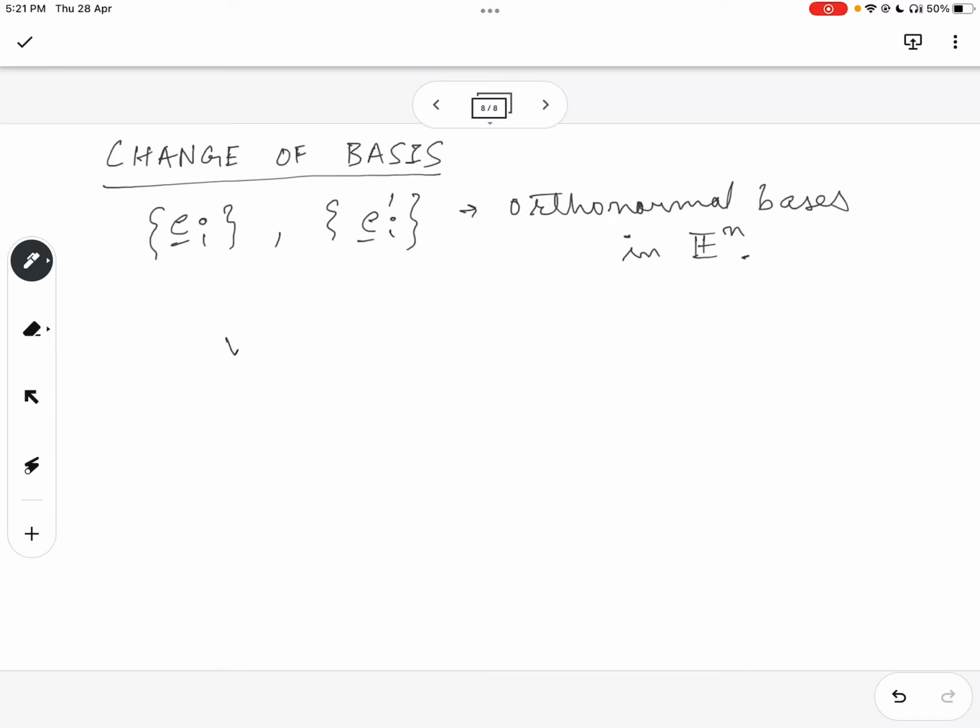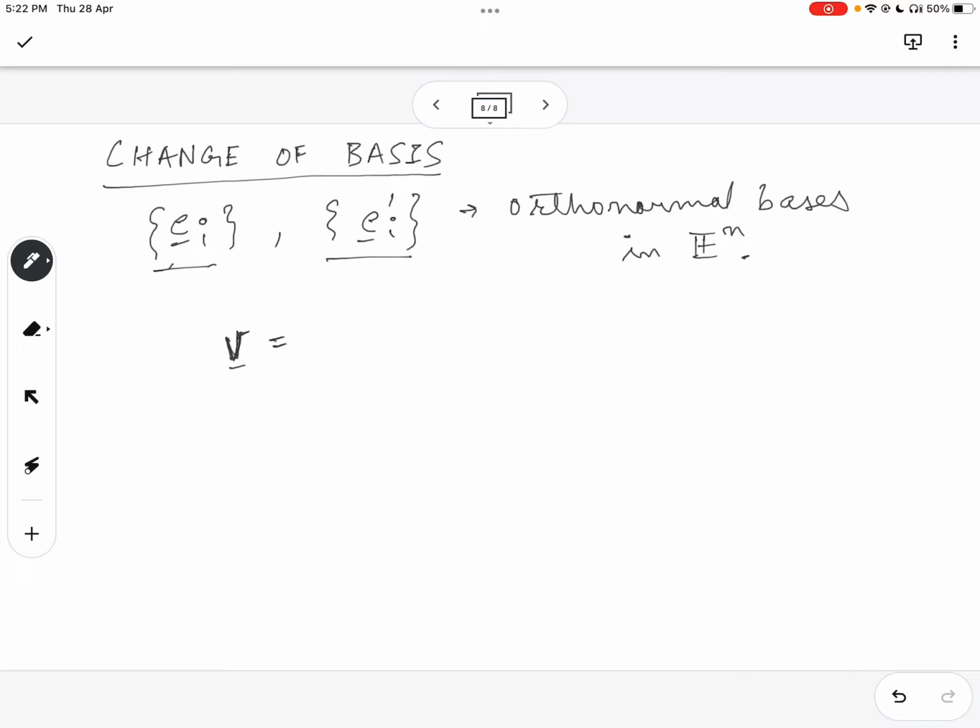So a vector V, the vector V doesn't change. A vector V is a vector V, right? In a vector space, in the Euclidean n-dimensional Euclidean space, a vector V is a vector V. It doesn't change with respect to the two bases. Its components may change, but the vector itself doesn't change.